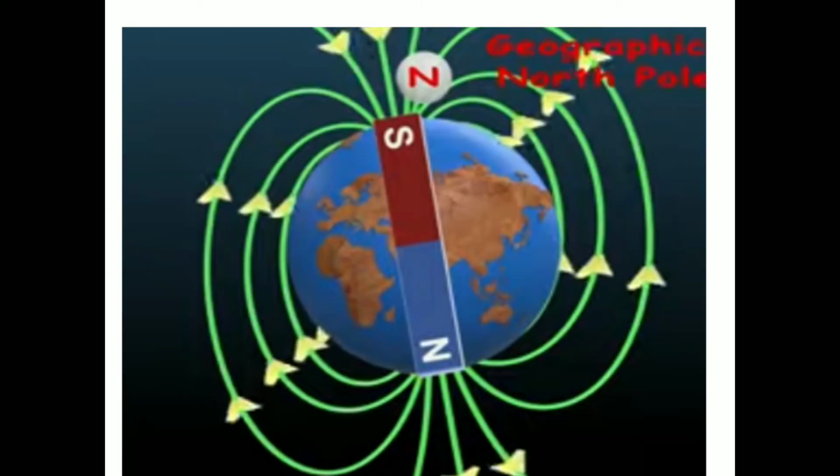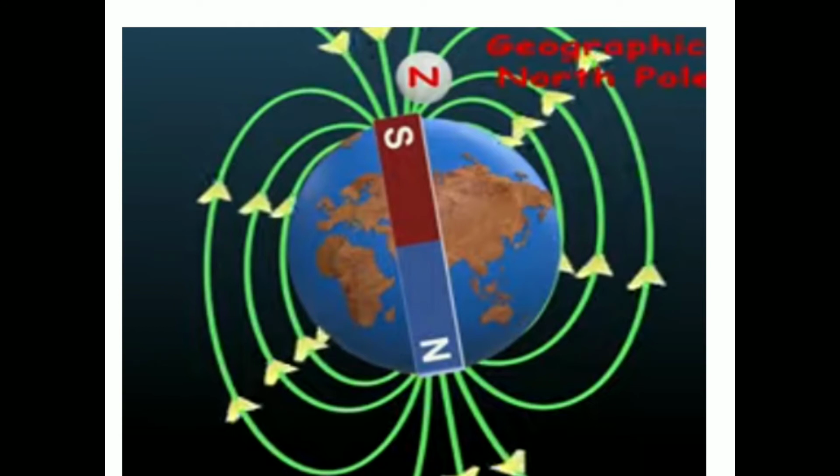You can see in this slide, when you place the bar magnet and suspend it, it is positioned where the north pole of earth is, and the south pole of the magnet is there. The north and the south pole are aligning in the same direction.